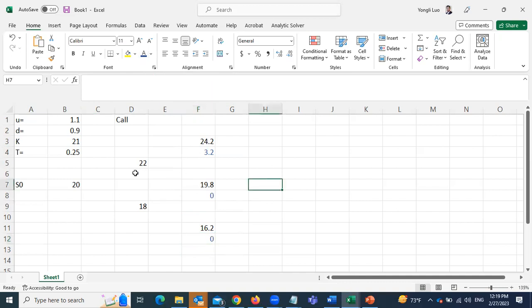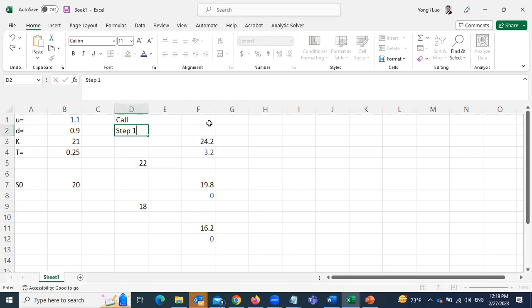Okay, now we can see what will be the price for the call option at step 1. This is step 1, and this is step 2.